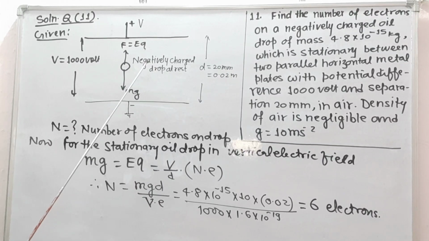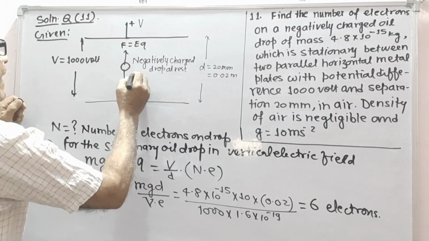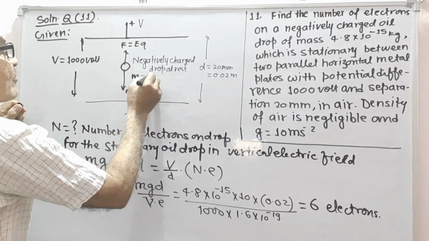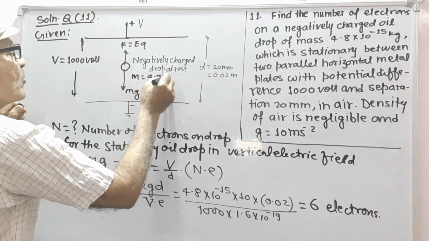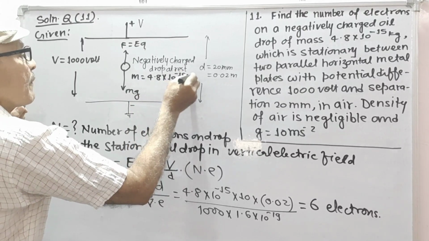The drop is stationary. We have to find the number of electrons on the drop. Mass of drop m is equal to 4.8 into 10 to minus 15 kg.